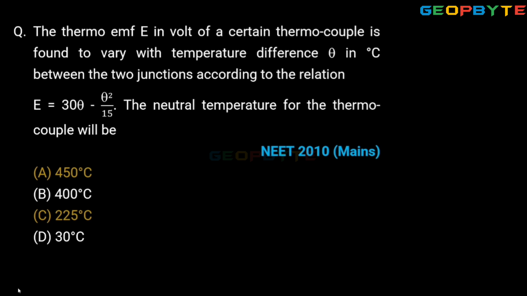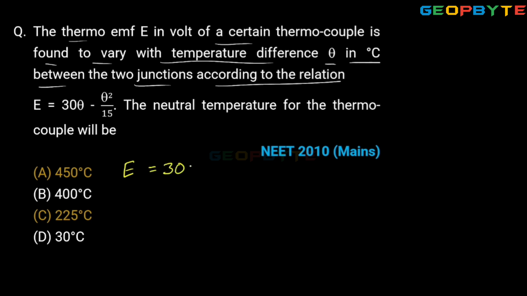It is asking like this. The thermo EMF E in volt of a certain thermocouple is found to vary with the temperature difference theta in degrees centigrade between the two junctions according to the relation E equals 30 theta minus theta square by 15. The neutral temperature for the thermocouple will be.